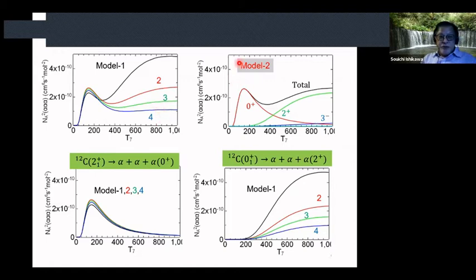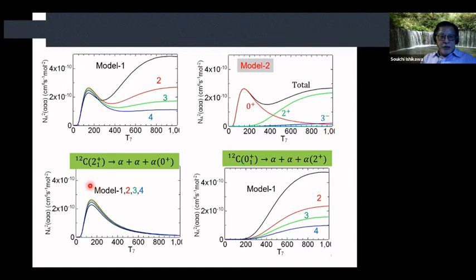And for model 2, the red line, I show some contents of the final state. The 0 plus contribution is right here, and it is found that this mainly comes from the Hoyle state. The second contribution from the 2 plus state arises as temperature rises. And the contribution from the 3 minus state is rather small.